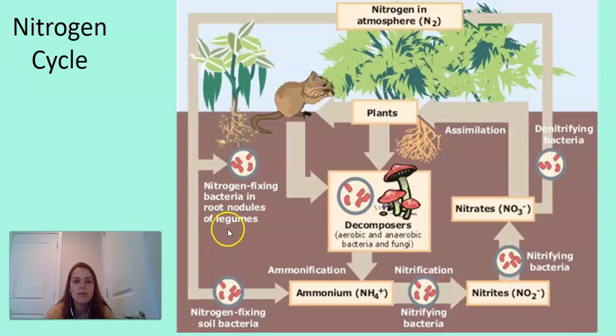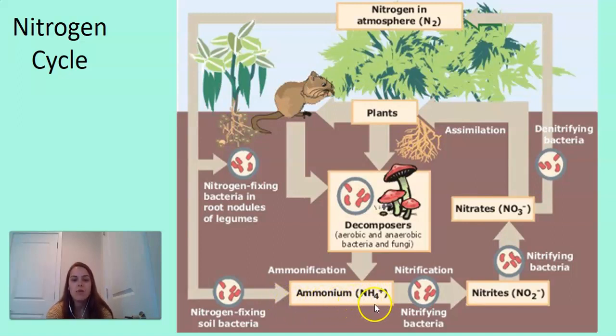These plants are called legumes. This is like bean plants, soybeans, chickpeas, things like that. And then also there's nitrogen-fixing bacteria in soil. So nitrogen from the atmosphere, the nitrogen gas, will go to either here or here, whatever is available, and that's the first step. The first step gets fixed into ammonium, which is NH4+.